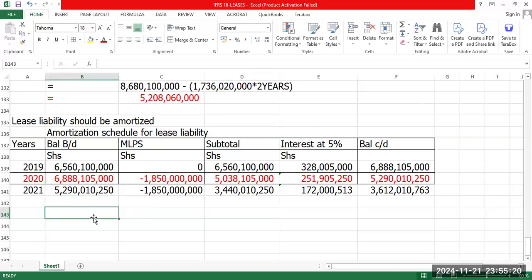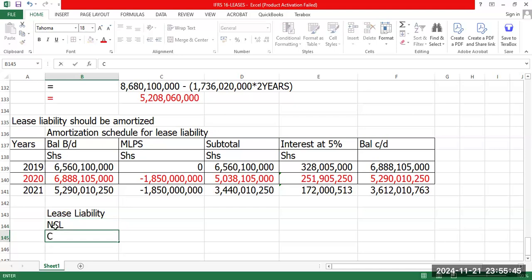Okay, so once you reach here, the question will be, what is your non-current liability? Okay, the question will be, what is your liability in 2020? And out of this liability, what is your non-current liability?